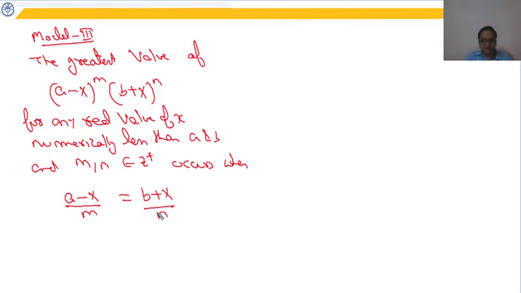So from this, get the value of x and put it back into the expression to get the maximum value.